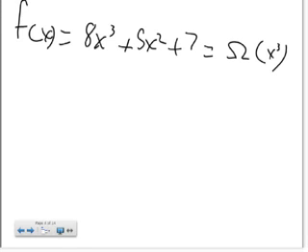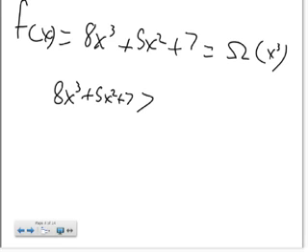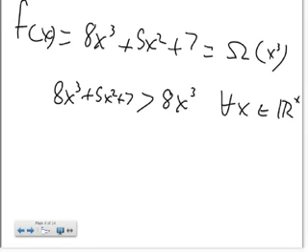One really easy way to show this is that you know that 8x cubed plus 5x squared plus 7 is going to be greater than 8x cubed, because you have the same x cubed term and then the extra terms. This is true for all x in the positive reals.